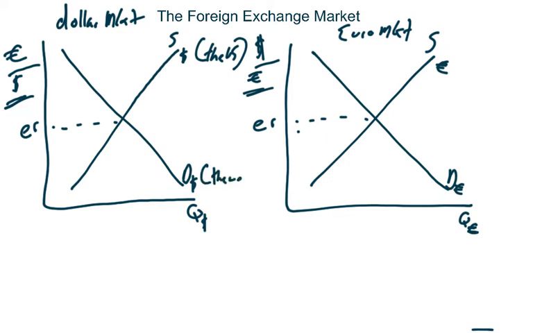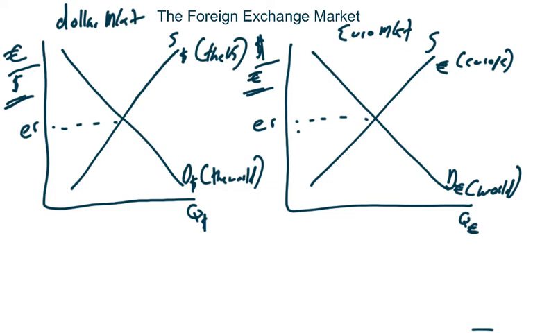The world demands the dollar. And the same thing goes over here. This is the euro market. Who supplies the euro? Europe does. And who demands the euro? Well, the rest of the world will demand the euro. Now, the ER stands for exchange rate. In other words, that's the price we are paying for that currency.